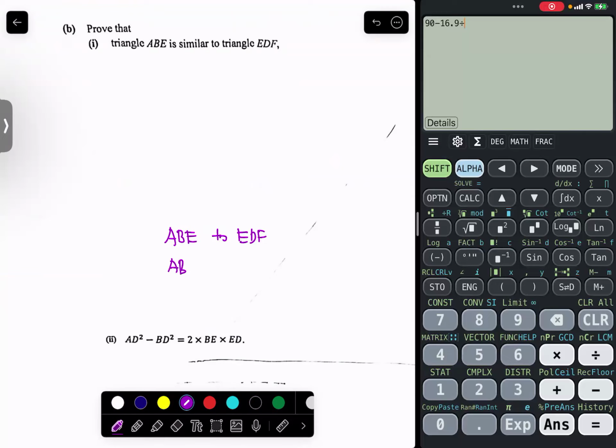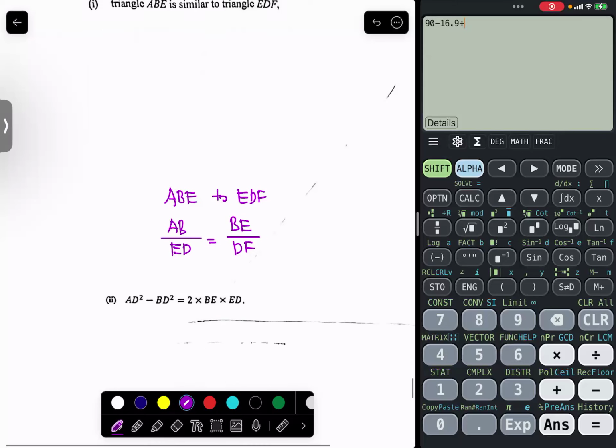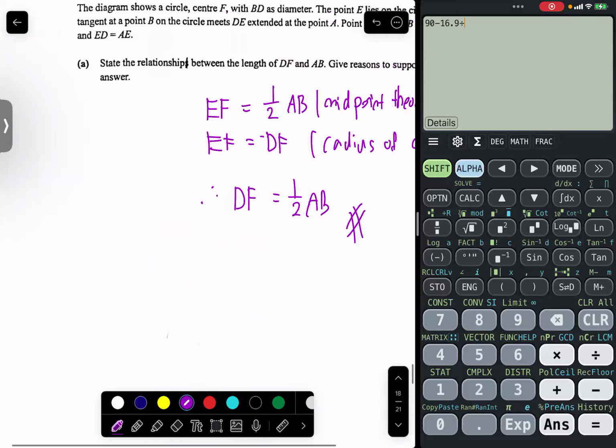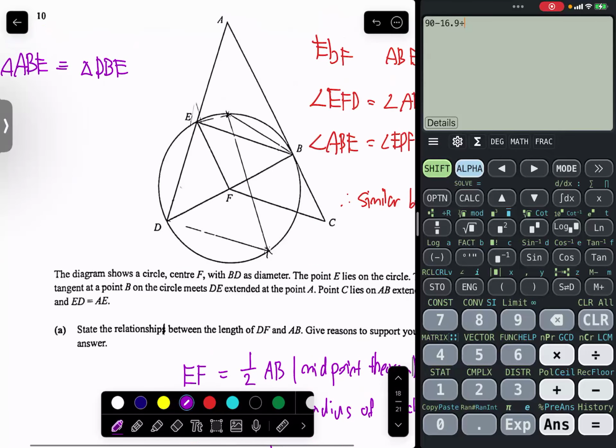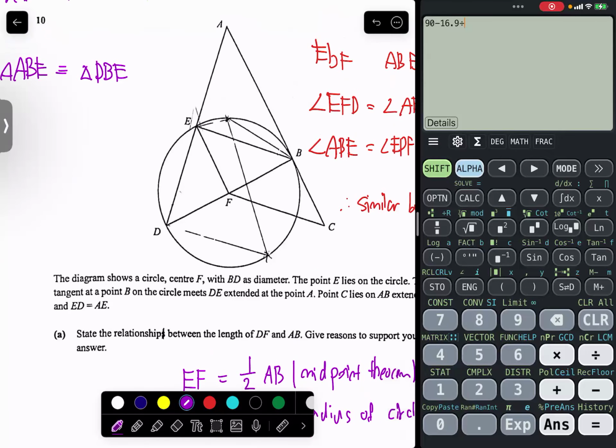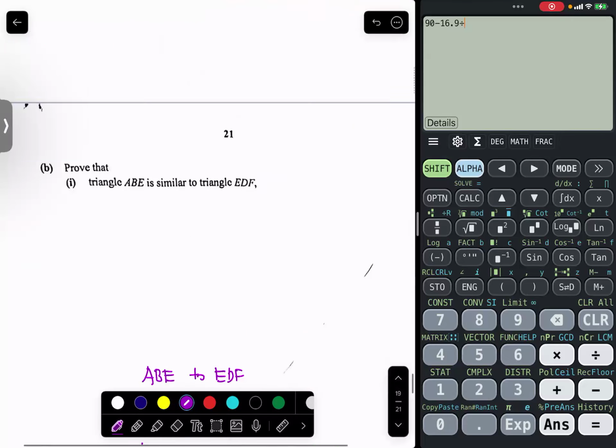So AB to ED equals to BE to DF. Okay. And I think this should be fine, right? AB over ED. We already know AB to ED is 1:2.